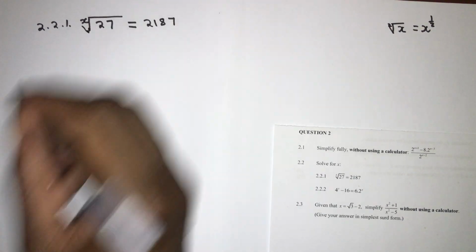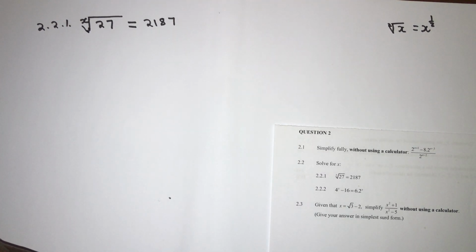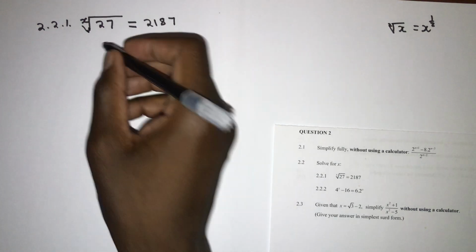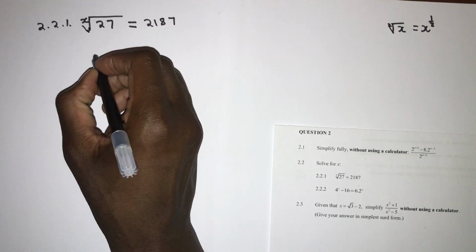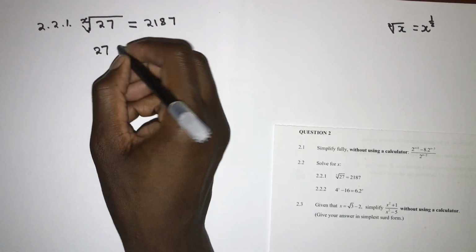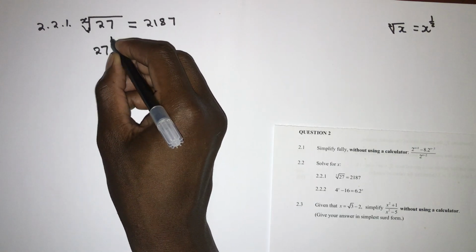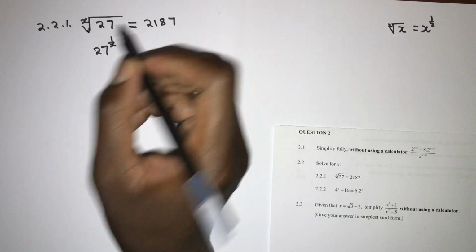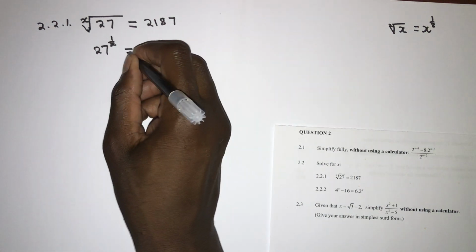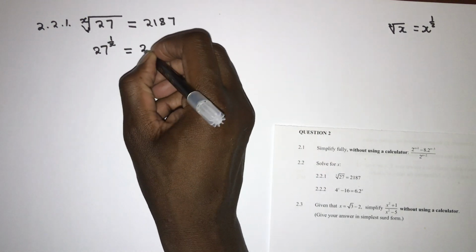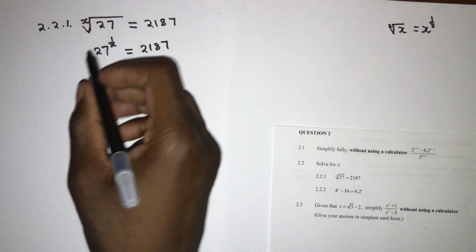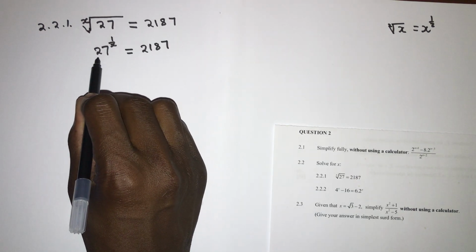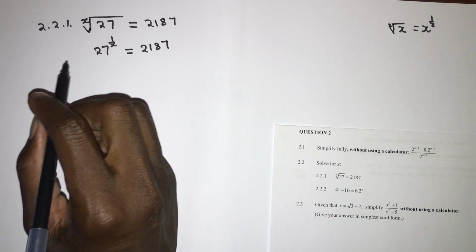We have this root of x, 27. So we're going to have 27 to the power 1 over x. Then it's equals to 2187. So from here, let's change this 27 into exponents.